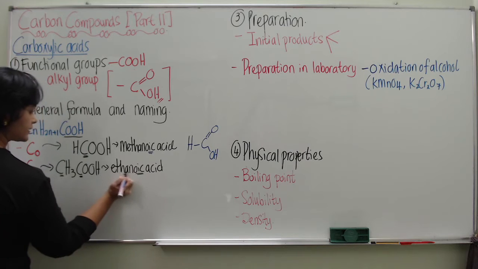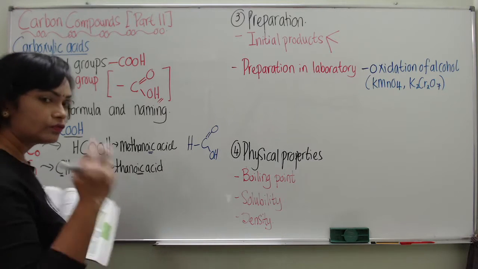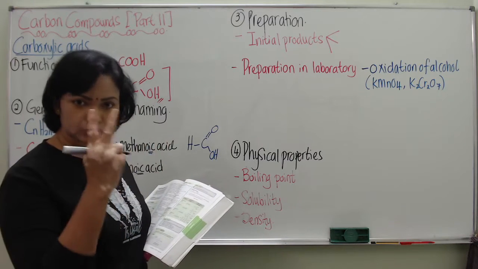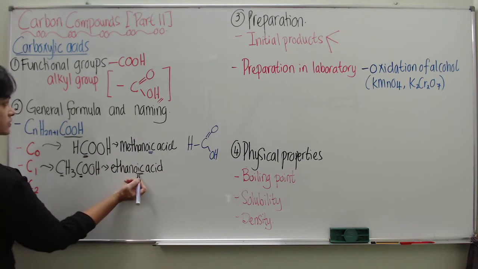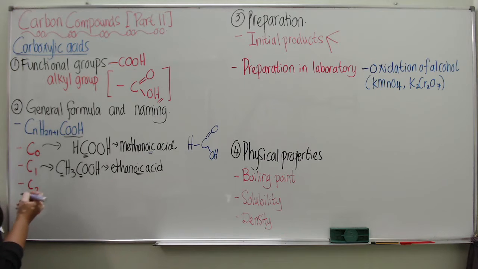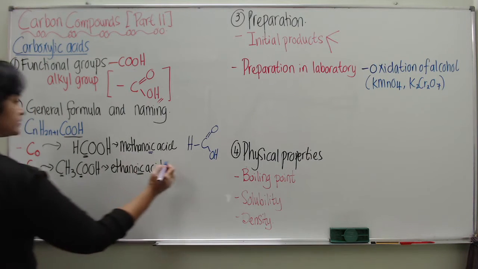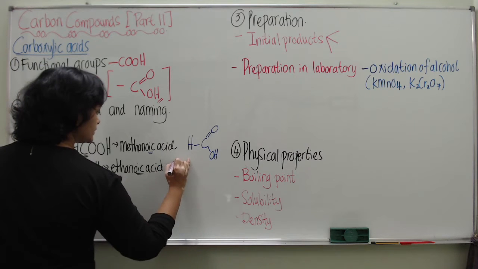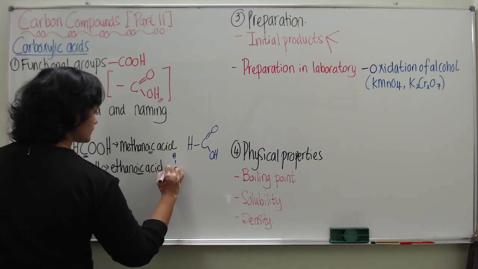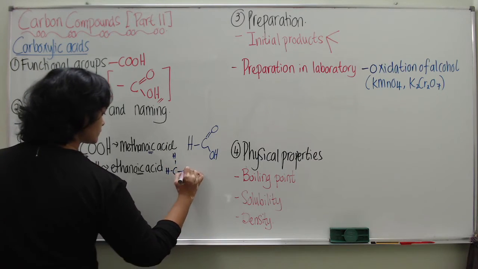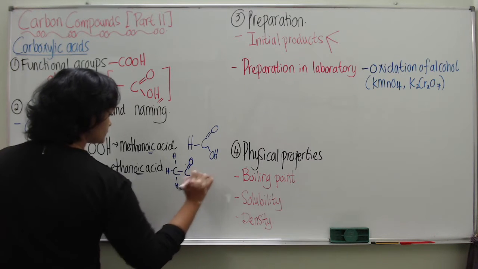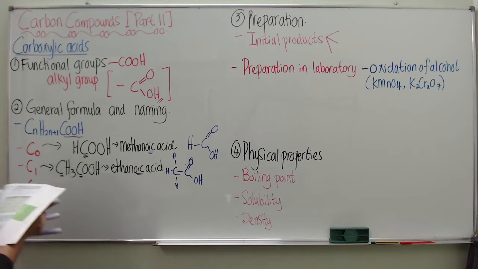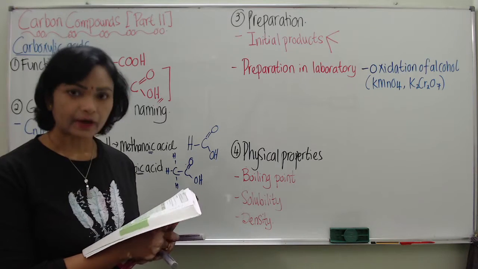Eth is because of two carbons existing in the molecular formula, and OIC thanks to the carboxylic acid. And how would you draw the structural formula of this? Okay, so this is how you draw the structural formula of ethanoic acid.